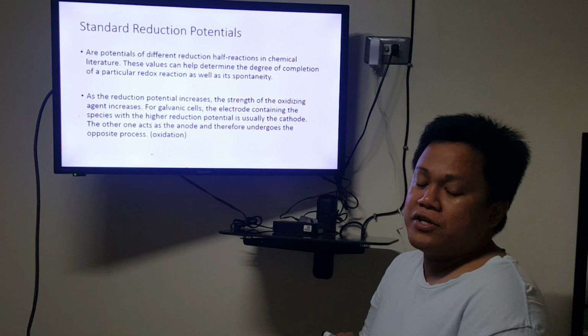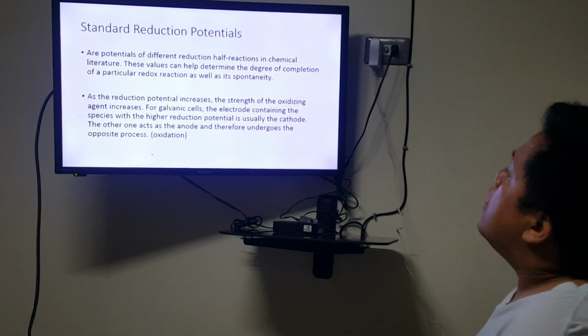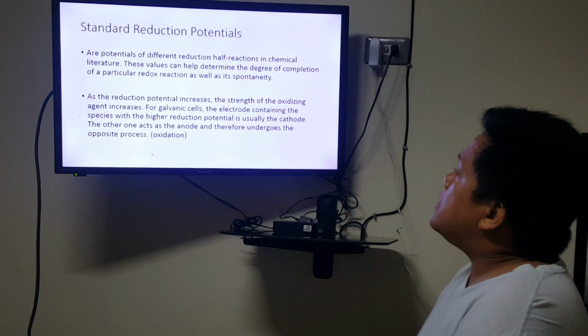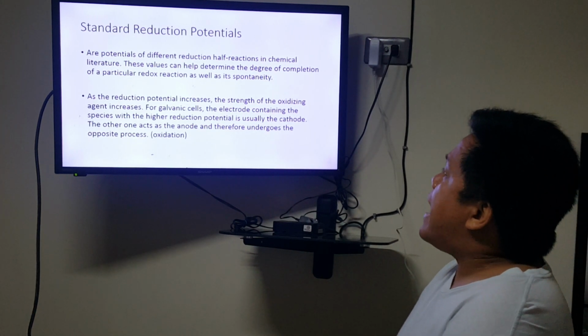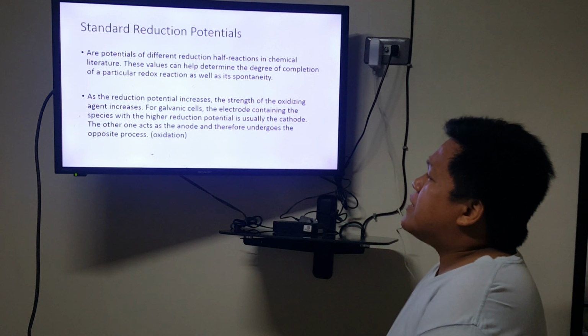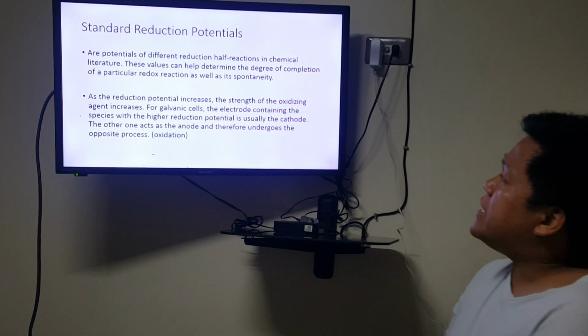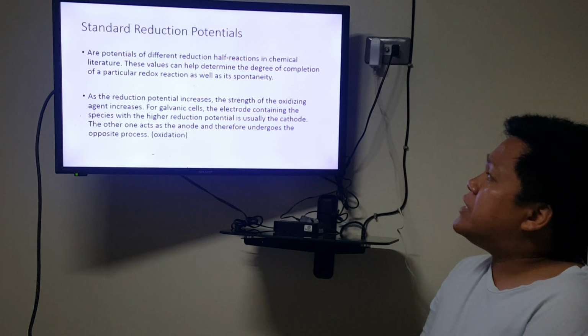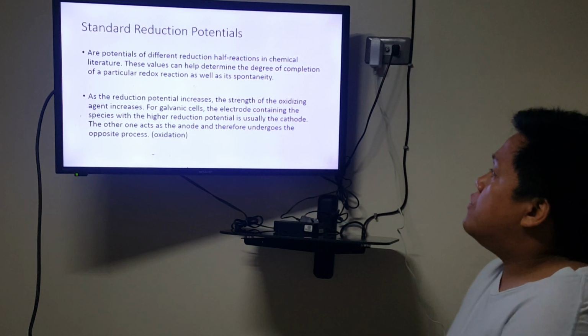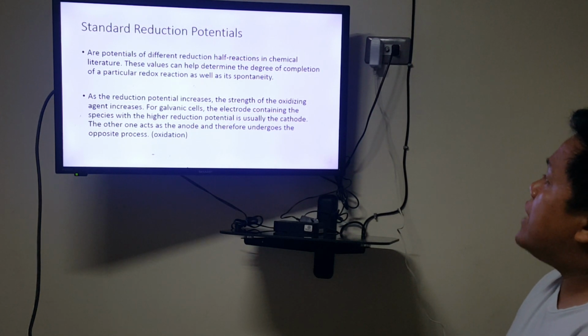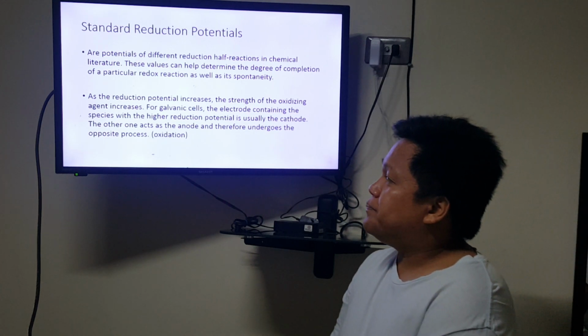Standard reduction potentials are potentials of different reduction half reactions in chemical literature. These values can help determine the degree of completion of a particular redox reaction, as well as its spontaneity.